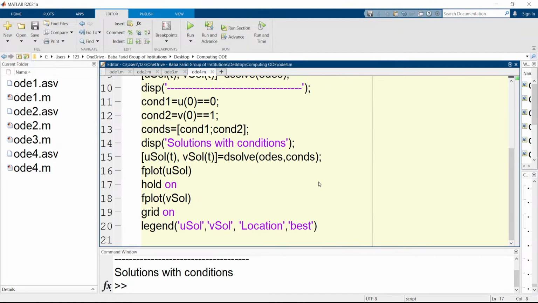Lecture is not breaking from my side. This is a huge system of 100 by 100 system of equations. Yes, we can do it, dear Jitendra, but I will try to cover this in a coming session.